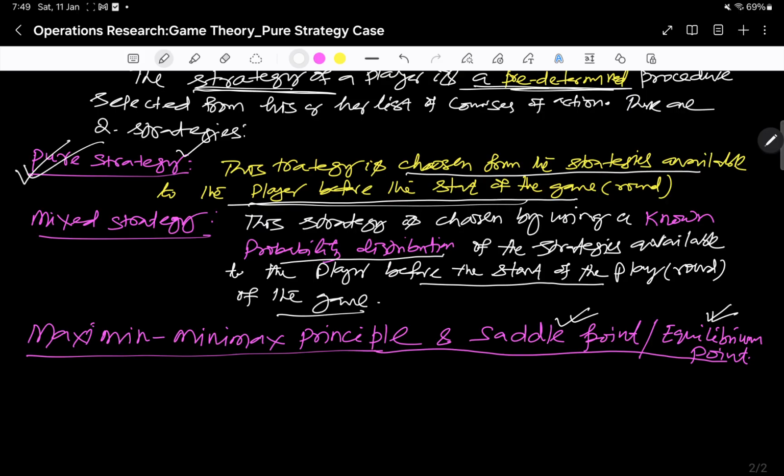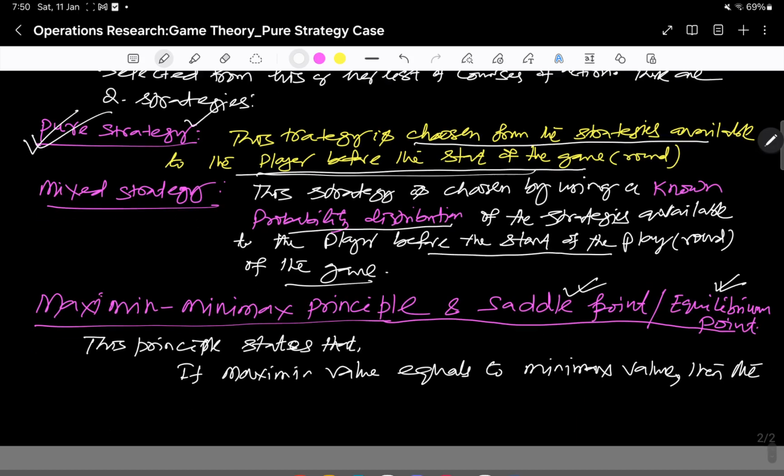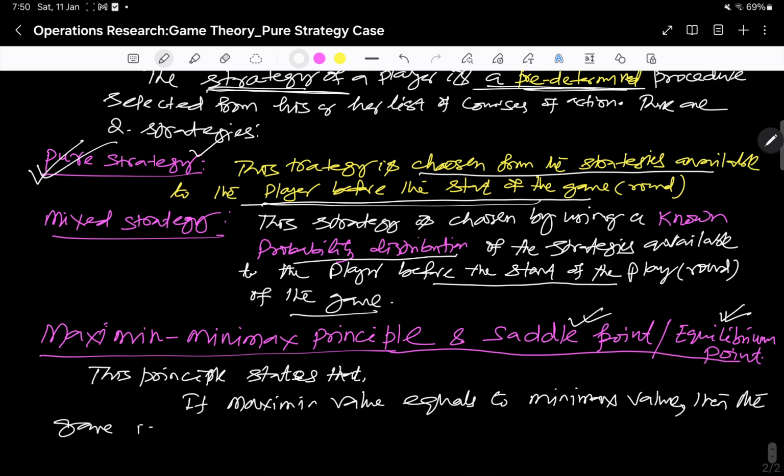This principle states that if the Maximin value equals the Minimax value, then the game is said to have a saddle point or equilibrium point.